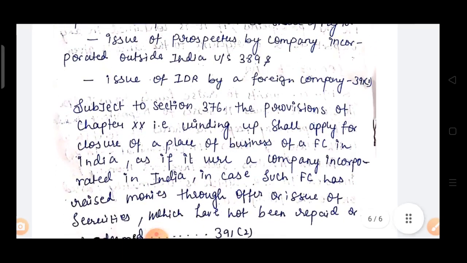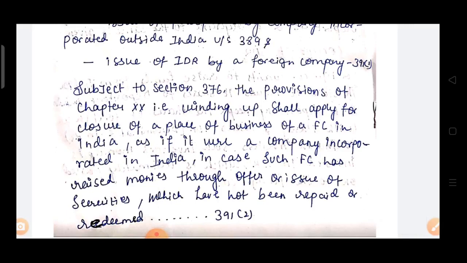Subject to section 376, the winding up provisions, that is the provisions of Chapter 22, will be applicable if a place of business of a foreign company in India is closed. Then these winding up provisions will be applicable to that foreign company in India, and it will be deemed as a company incorporated in India, since normally winding up provisions are applicable to a company incorporated in India.